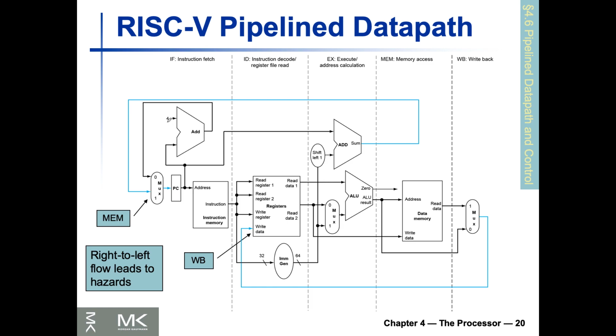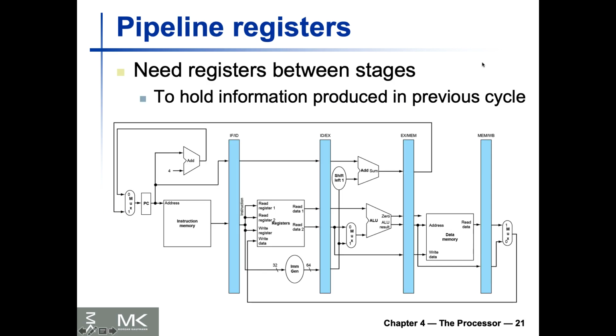This is the way they're prepared and sent to the next stage, from instruction fetch to instruction decode, and also register file read, execution, mem, and write back. Now, we also talked about putting registers into each of those in-between stages so that we can hold the information which was produced in a previous cycle.